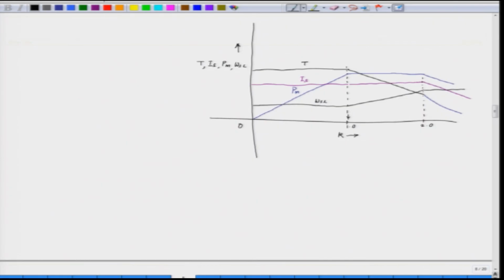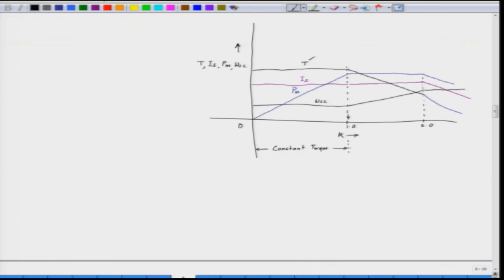The constant torque region is up to the rated frequency or the rated speed. So, this is called the constant torque region, because the torque remains almost constant.